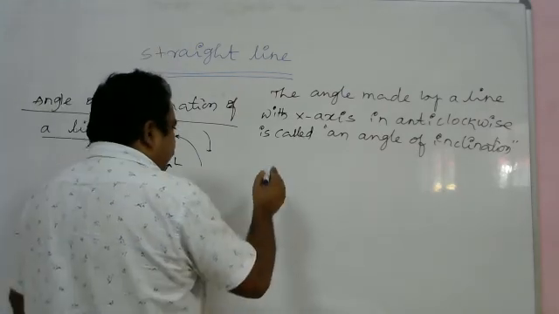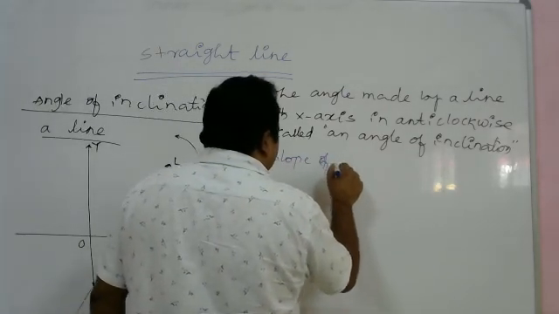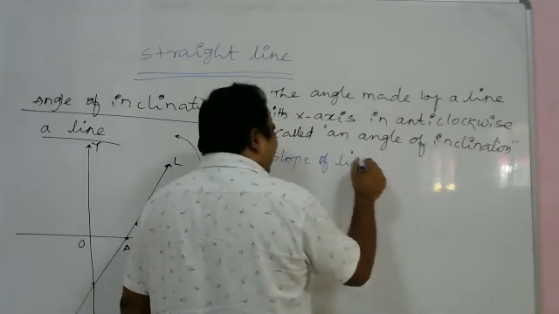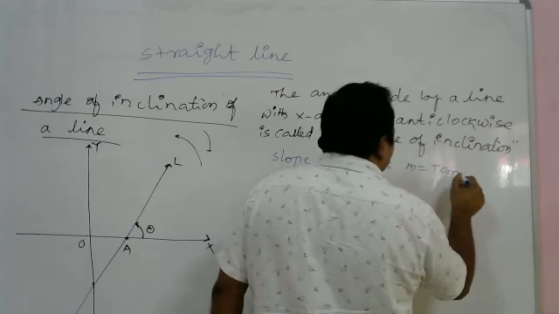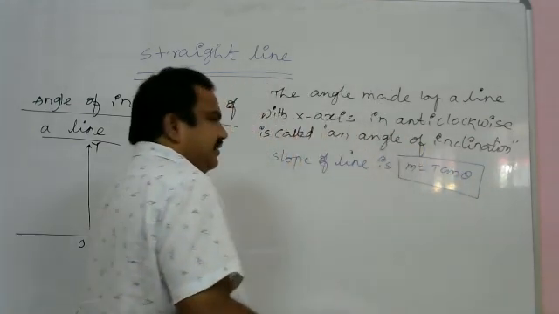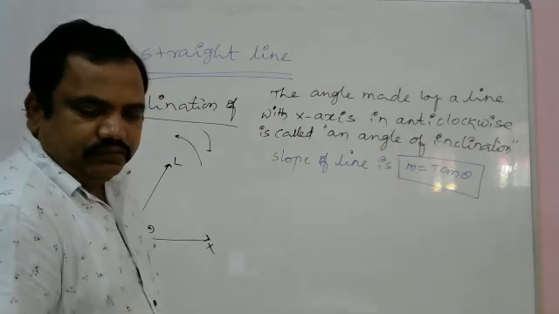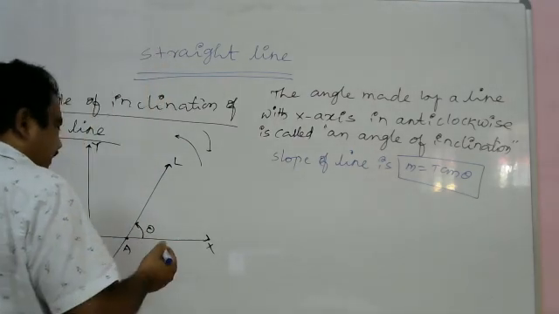See, the slope of line is m equal to tan theta. So write down some important notes also.